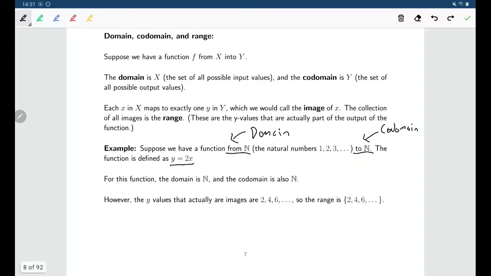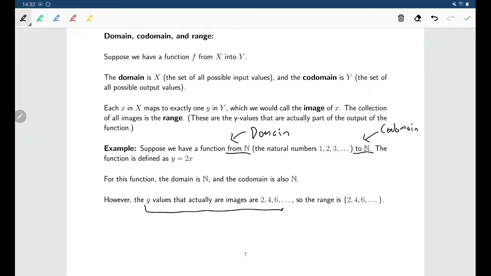Now, if you're interested in what actually are the possible output values, then you're interested in the range of my function. And if you're looking at this function, you can see that whatever x value you put in, the y value gets calculated by taking that x value and multiplying by 2. In other words, the y values should always be even. So if you're thinking about what are the images of the x values, what y values would you actually see?